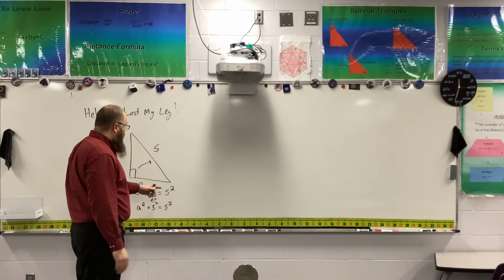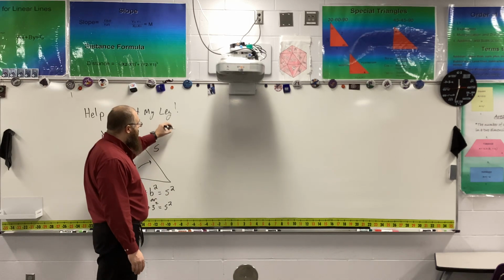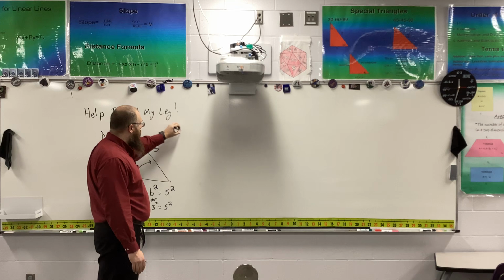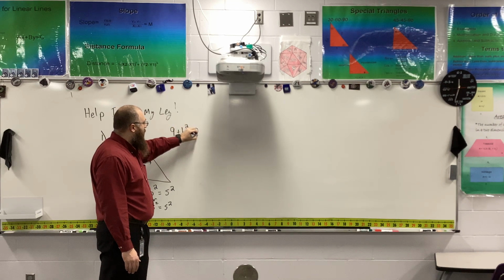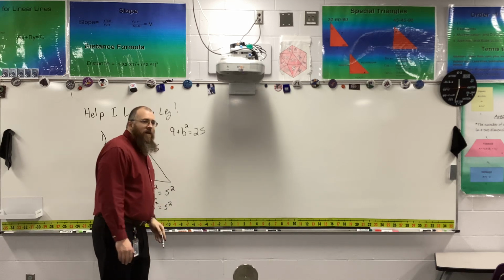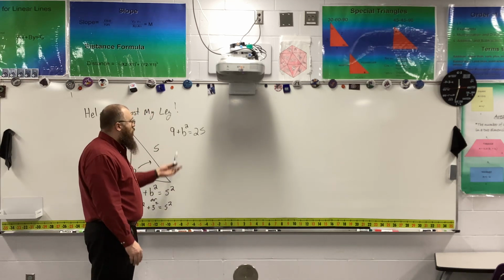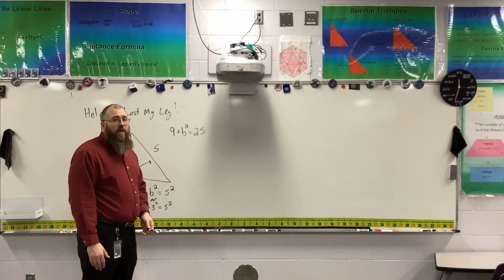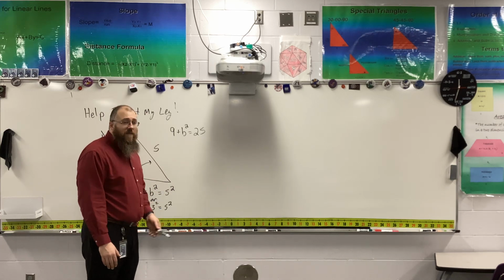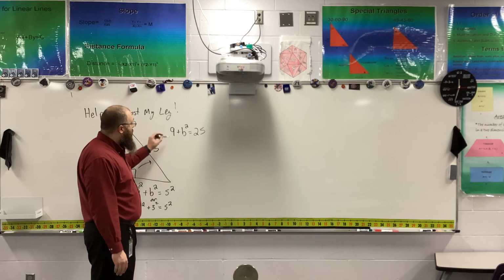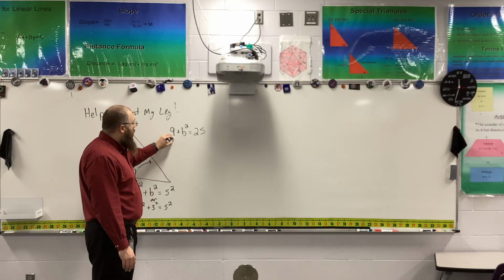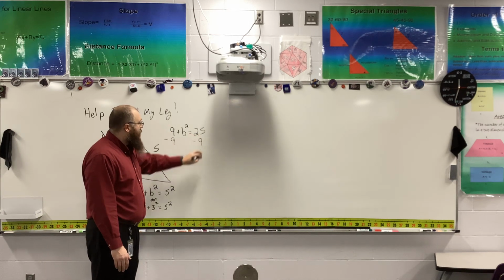In this case, moving forward, Mr. P is just going to use the first version, so I'm going to have 9 plus B squared equals 25. Now, we can't just add these together this time because I don't know what my other leg is. So in order to find my missing leg, I'm going to have to subtract this leg over to my hippo.